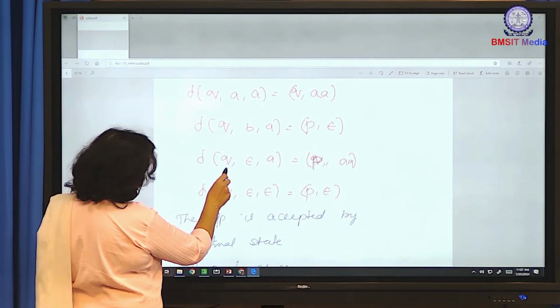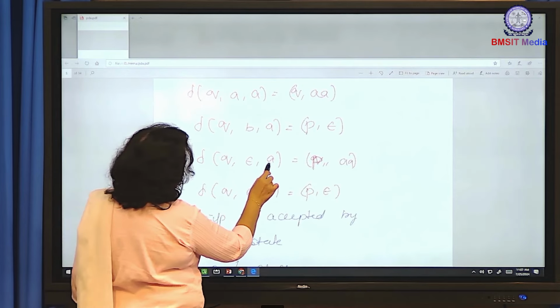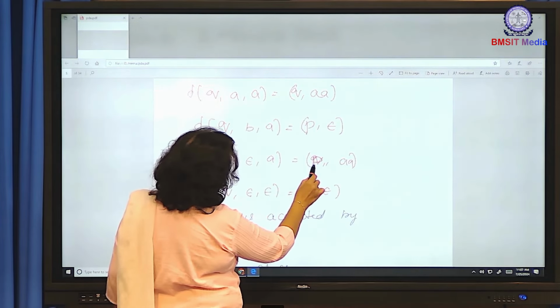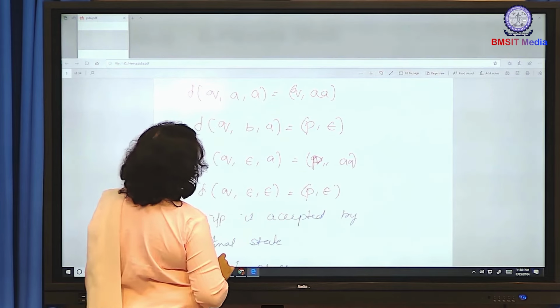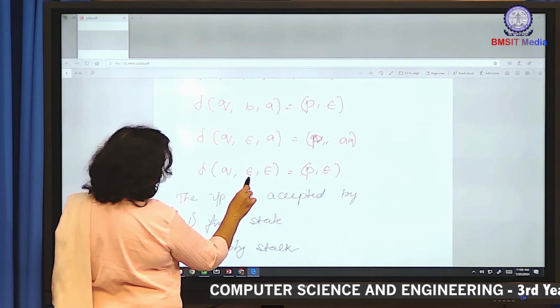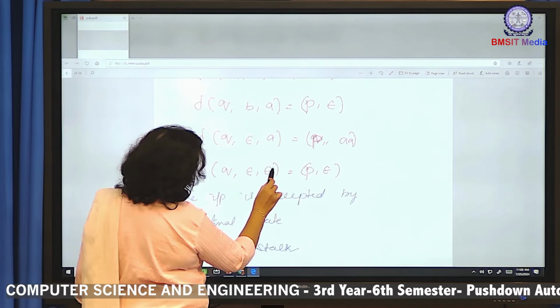When we are in state q, on reading the empty string, when the top of the stack is a, change the state to p and push a onto the stack. Look at the last transition. When we are in state q, on reading the empty string, when the top of the stack is epsilon, change the state to p.